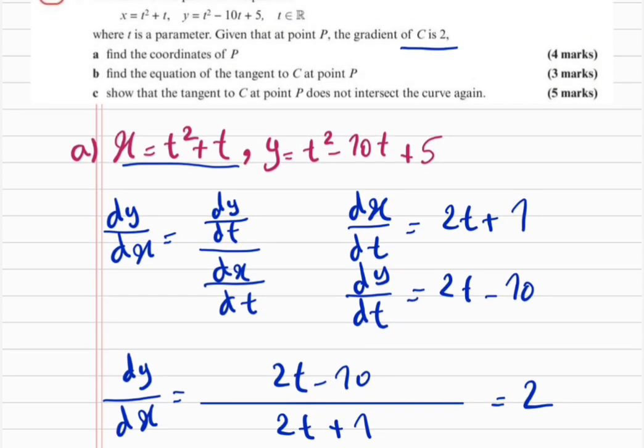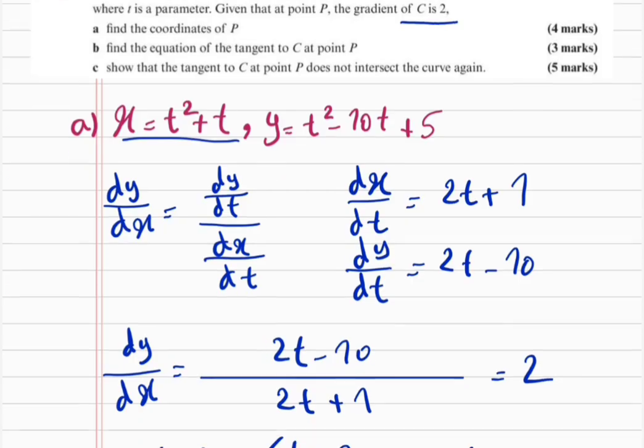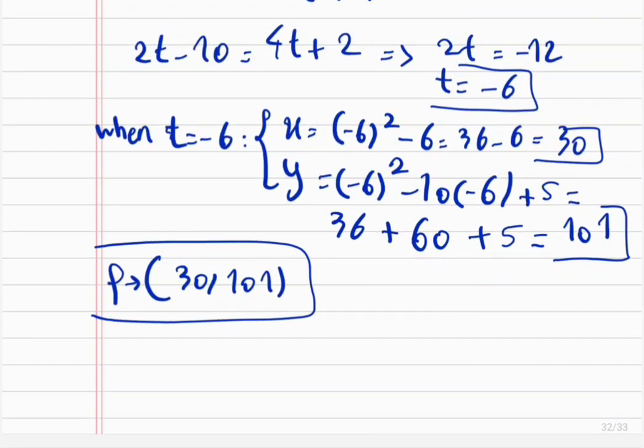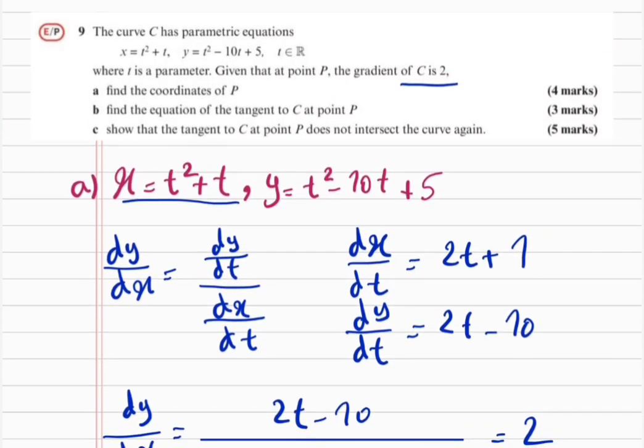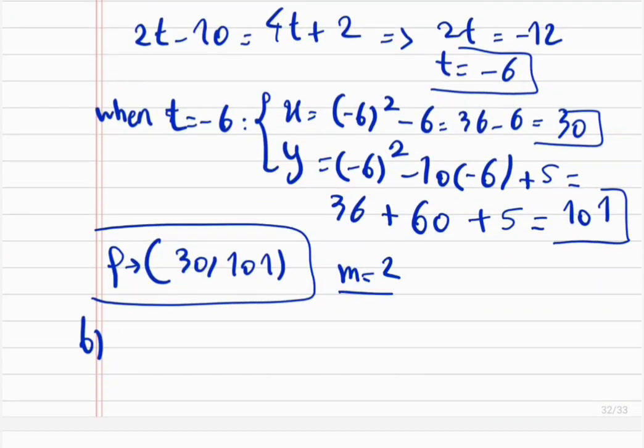Okay. Part B says find the equation of the tangent to C at point P. Right, so now we have the point P. We know the gradient at point P, which is, I guess, 2. Yeah, that's 2. So we have the gradient, we have the point, and we can now find the equation of the tangent very easily. y minus y0 is equal to m times x minus x0.